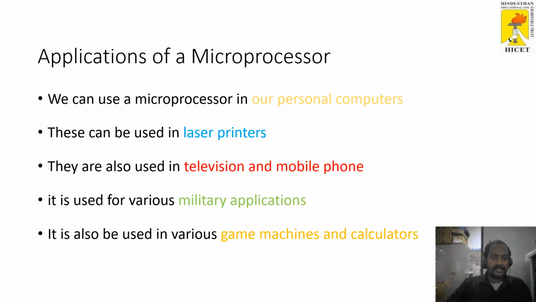Regarding the applications of the microprocessor, it is used in our personal computers, laser printers, television, and our day-to-day usage like mobile phones, and it is used in various military applications and also in game machines and calculators.